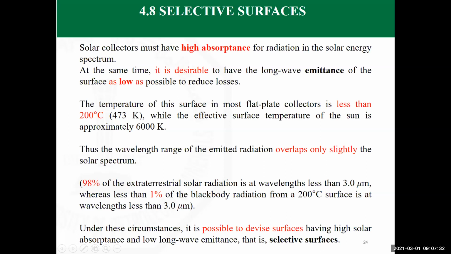98% of the extraterrestrial solar radiation is at wavelength less than 3 micrometer. Only less than 1% of the black body radiation from this low temperature is at this wavelength.